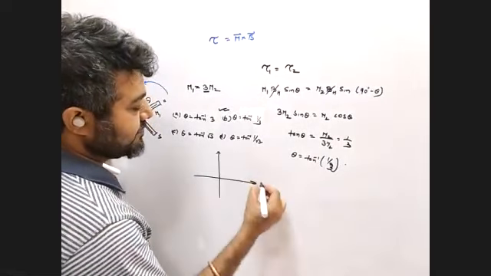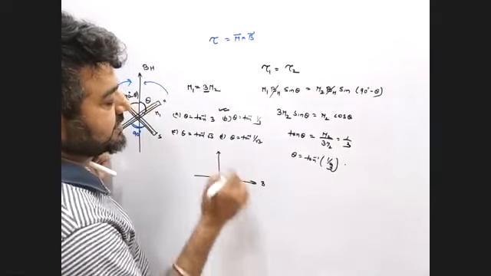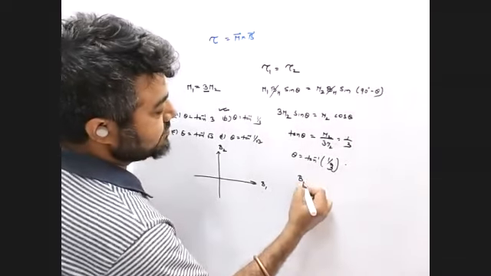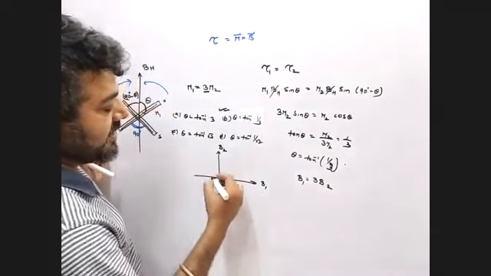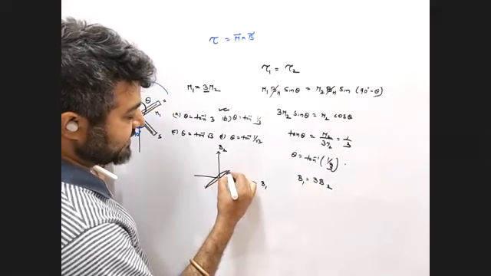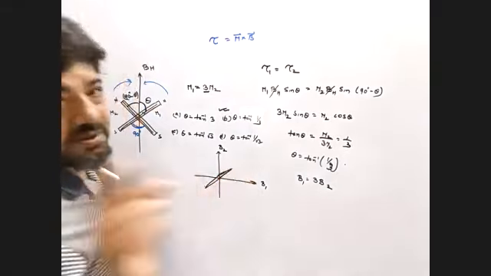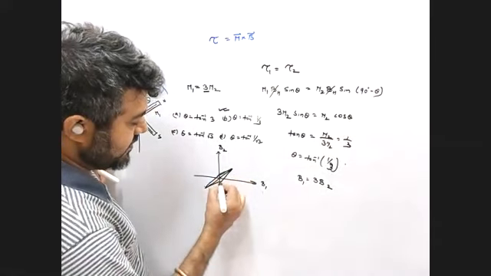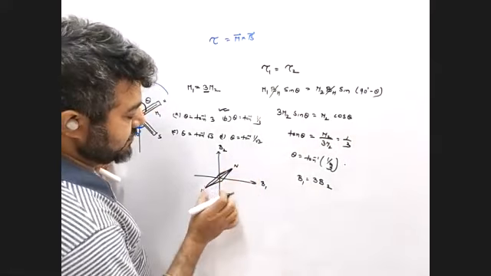Suppose this is B1 and this is B2, and they can say B1 is 3 B2, that is the relation, and they can put a magnetic moment, a magnetic needle basically, with South Pole and North Pole.